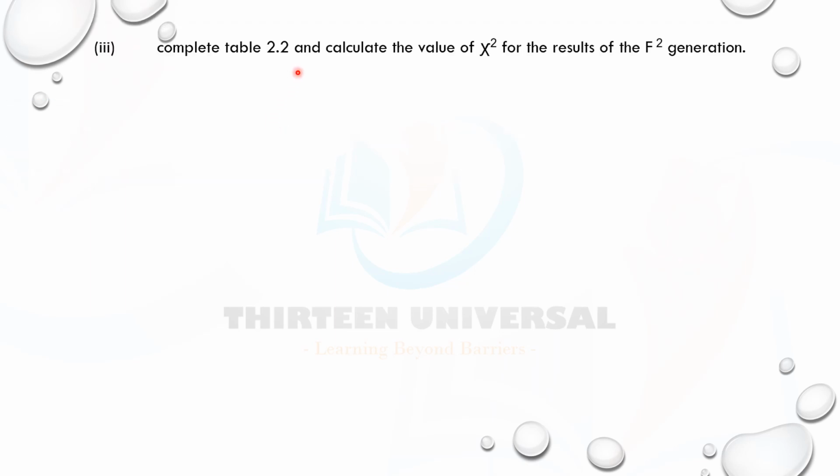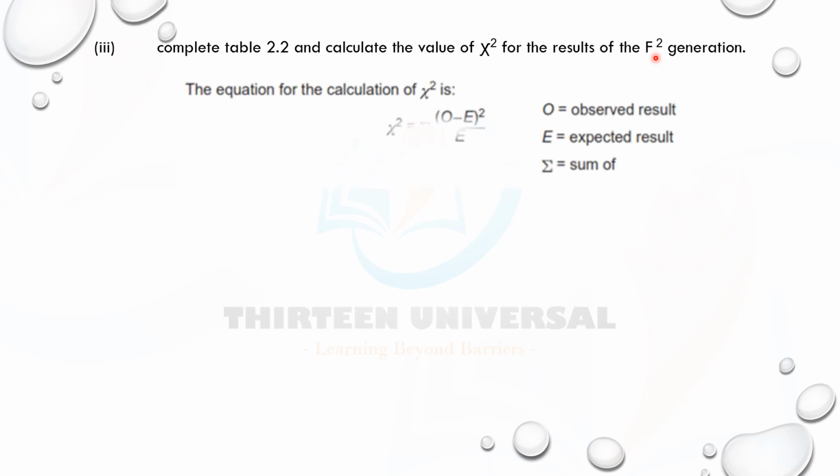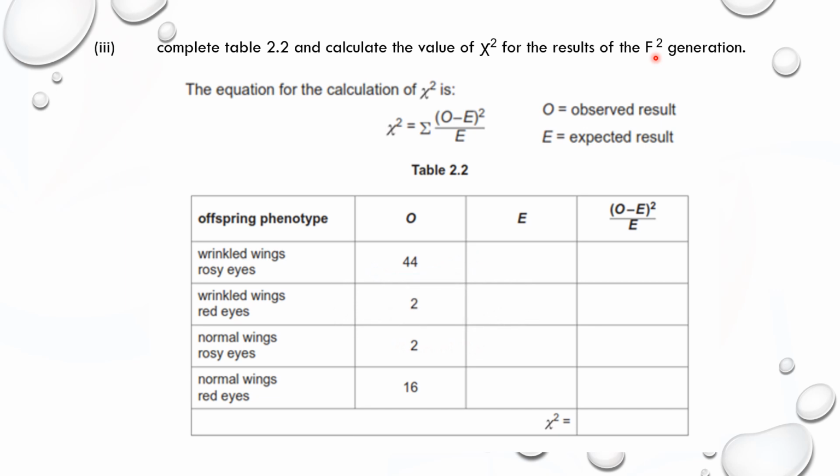Complete table 2.2. Calculate the value of chi-squared for the result of the F2. This is the F2 generation. That's the equation for that. I want you to pause the video and calculate this, because you have to get the total here. What's my total?